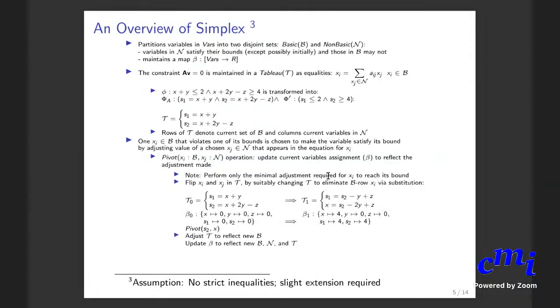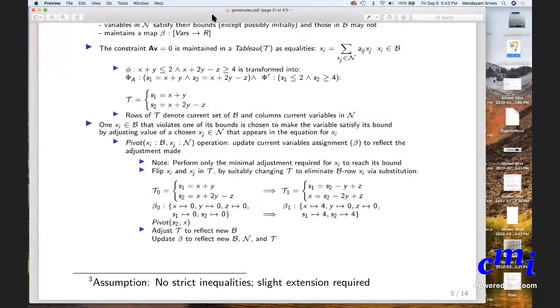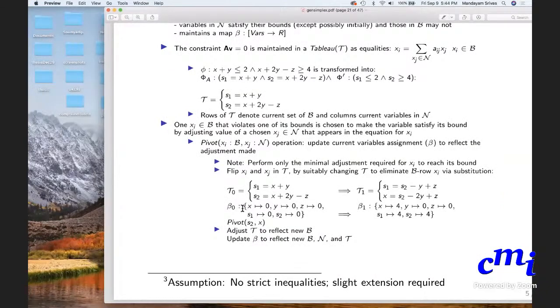For example, if the original tableau was this one, and this is in the beginning, and say your starting variable assignment was this one, all variables being assigned to 0.